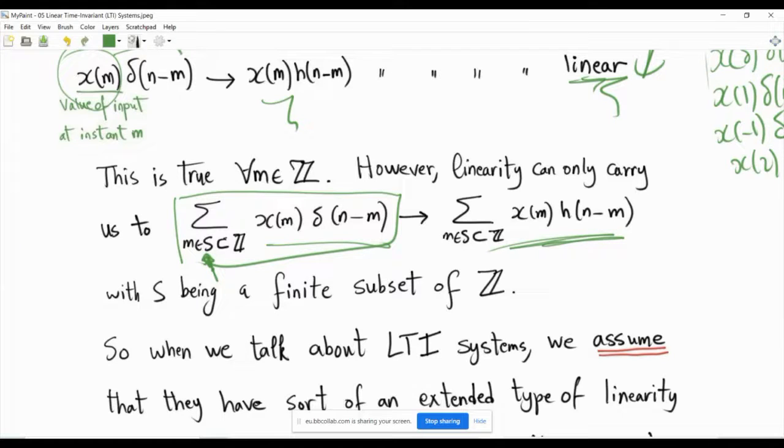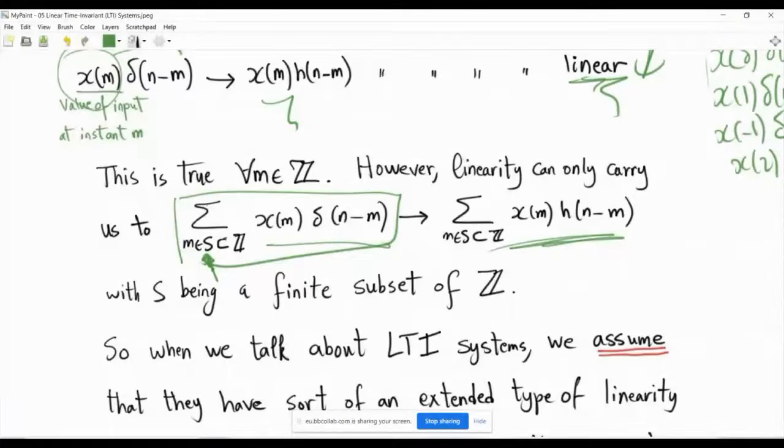Again, this is not linearity as defined. Here we are extending it. We are assuming that our system has extended linearity, in which an infinite linear combination of inputs will give you the corresponding linear combination of outputs. So this is an assumption.